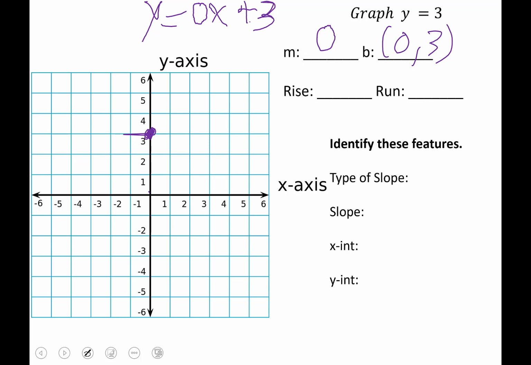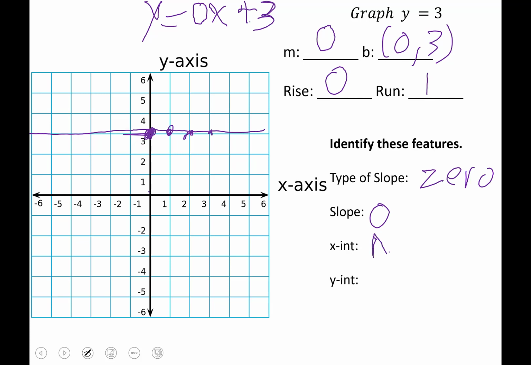Okay, well my rise is 0, right? And my run is 1. So that just means I'm not going up, I'm just going left and right. Okay, so my line will be horizontal. So my type of slope is a 0 slope.